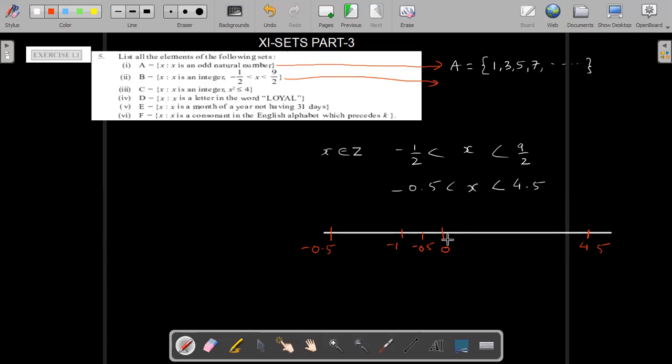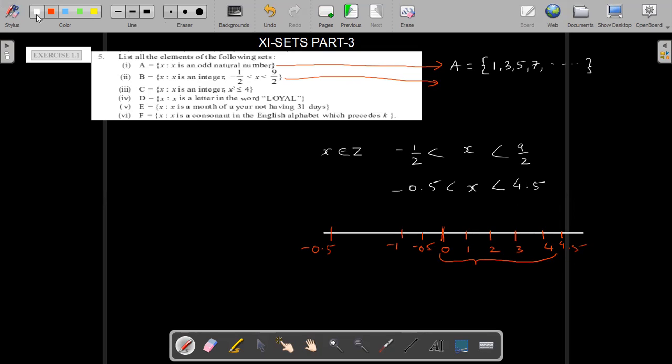So after minus 0.5, the first integer coming is 0. Then the next integer is 1, then 2, then 3, then 4. Then you have 4.5 here. We are not taking 4.5, only less than 4.5. Are you understanding? So between minus 0.5 and 4.5, the integers are 0, 1, 2, 3, 4.